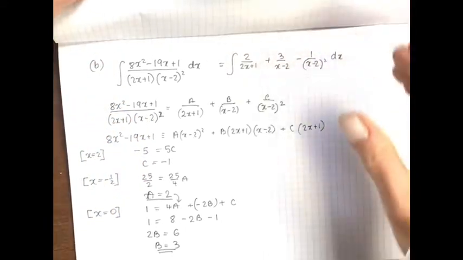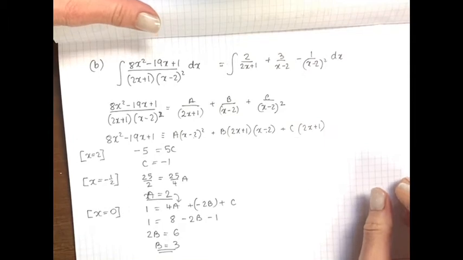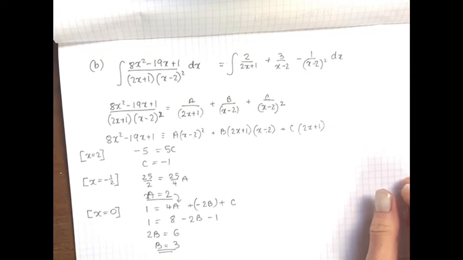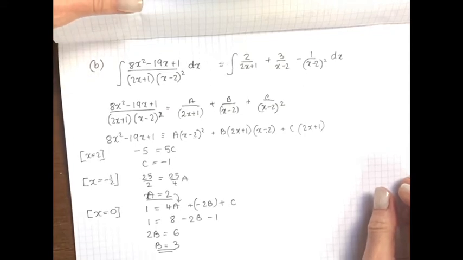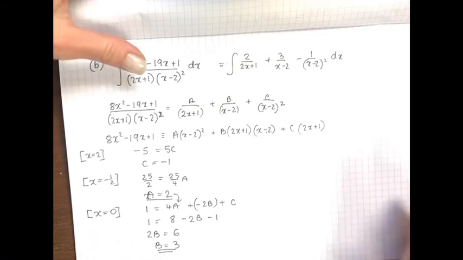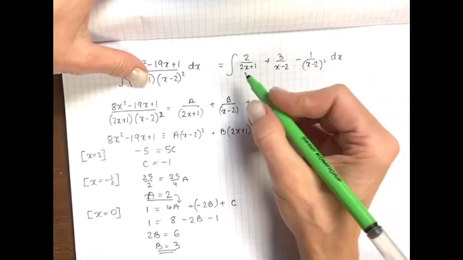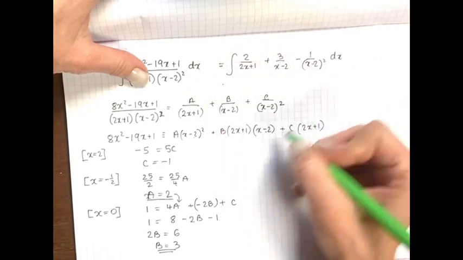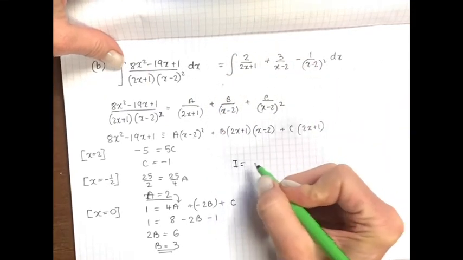Just double check the coefficients are correct. I'm looking at the wrong questions. This is example B. I've got it 2 minus 1 plus 3. Perfect. Let's integrate it.